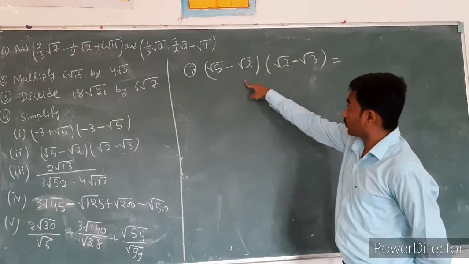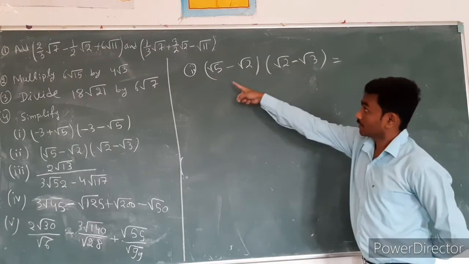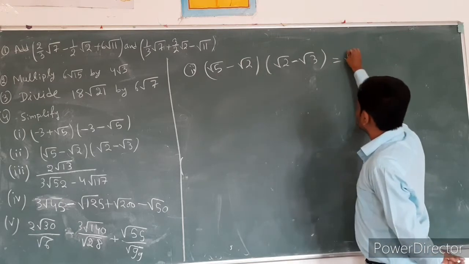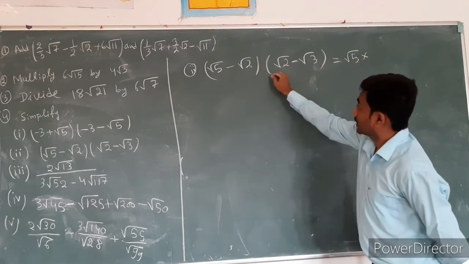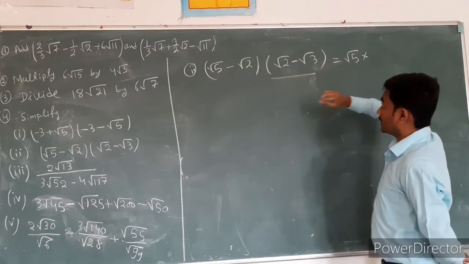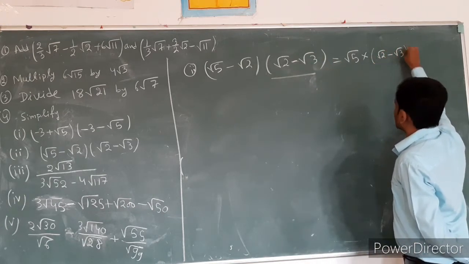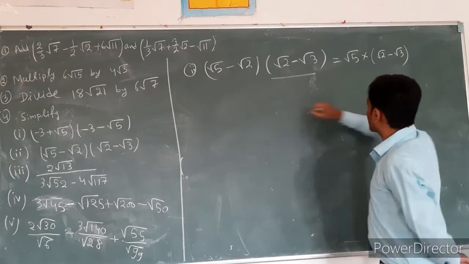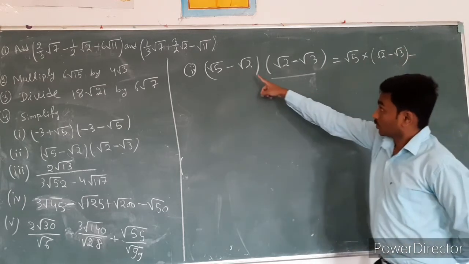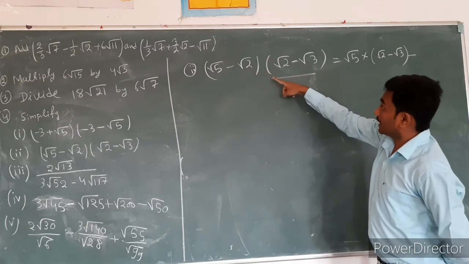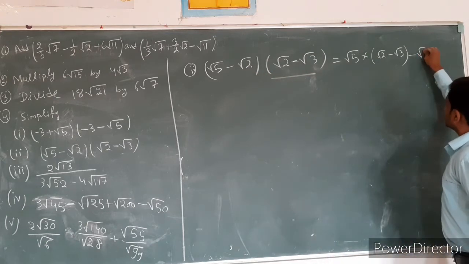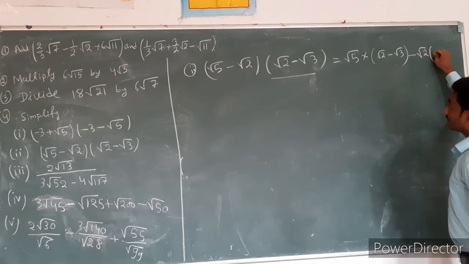Next, we multiply both. Root 5 is multiplied first with the second irrational number, that is root 2 minus root 3, and put the minus sign. Root 2 also multiplied with the second irrational number.